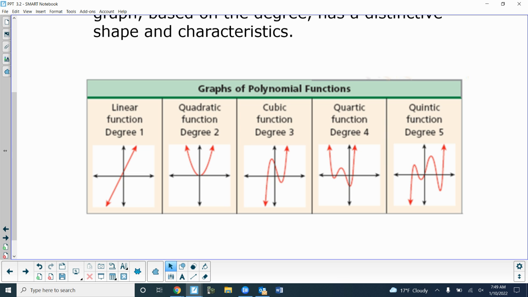And it could have 5 zeros. It crosses the x-axis in 5 spots. And that's not always what's going to happen as far as the zeros, but it will have 4 different changes in direction. So this one has 2 maxes and 2 mins. All right, and our calculator can find all those for us. All right, our graphing calculator.